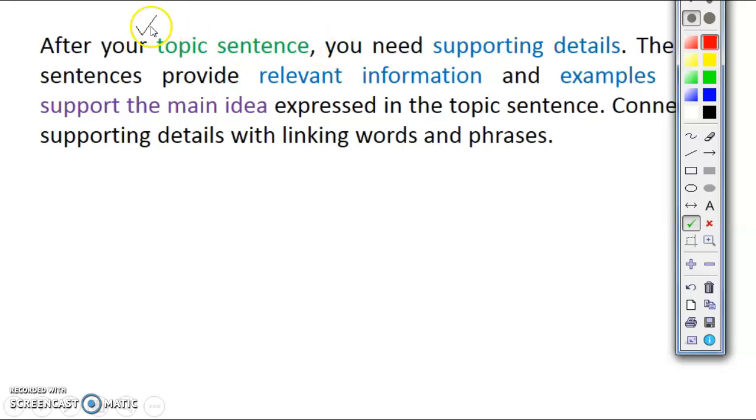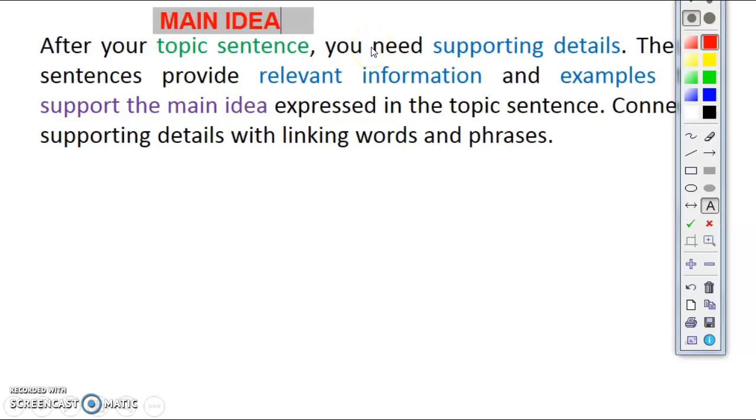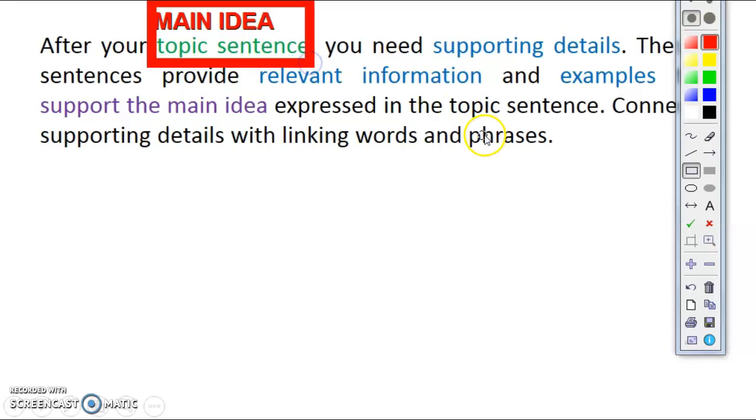It's the main idea, the principal idea of a paragraph. So we are going to take the main idea of the paragraph, but express it in a sentence. This is a topic sentence. This is the first and most important thing that you need when you are writing a paragraph.